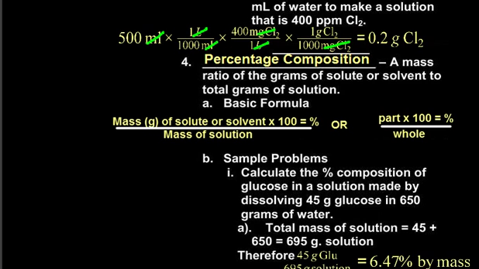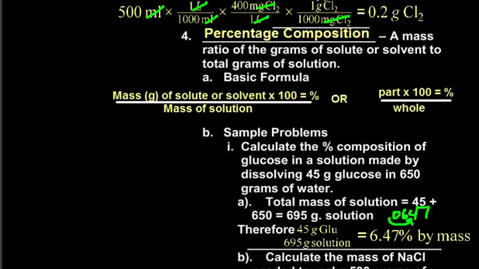Therefore, we're going to have 45 grams of glucose and 695 grams of solution, which gives us 6.47% by mass. Now, of course, this fraction here doesn't equal 6.47, it equals 0.0647. But then you multiply by 100 and you move the decimal back twice to give you 6.47.